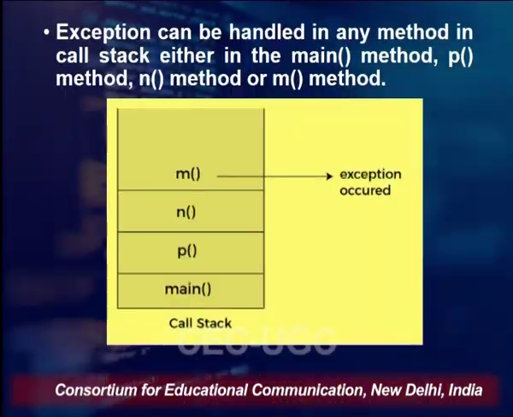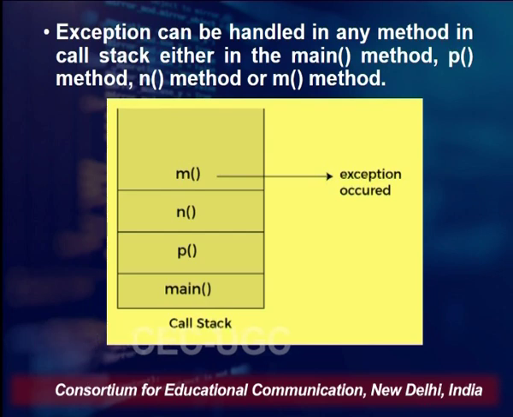Again it is propagated to the method p where this exception is handled, because within the p we have a try block and a catch block. So now again looking into this call stack figure will give us a pretty clear idea about what I was talking about. The exception is raised in M, propagated to n, not handled here, again propagated to p, and then within the p it is handled.